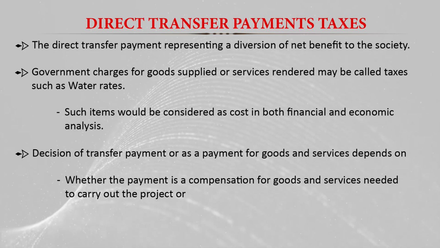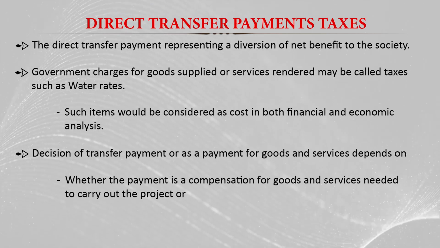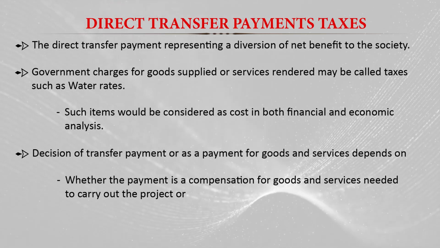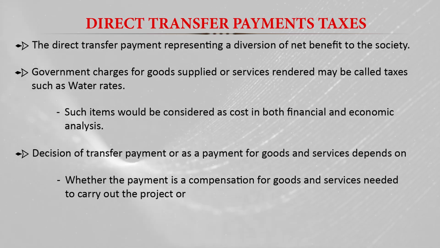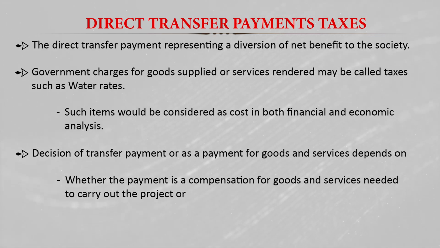In case the farmer is using the water of the canal and is making a payment to the government for using that water, that payment is basically compensation for the water he is using for his crop irrigation. So in that condition we will say it is a cost in the economic analysis as well as in the financial analysis.